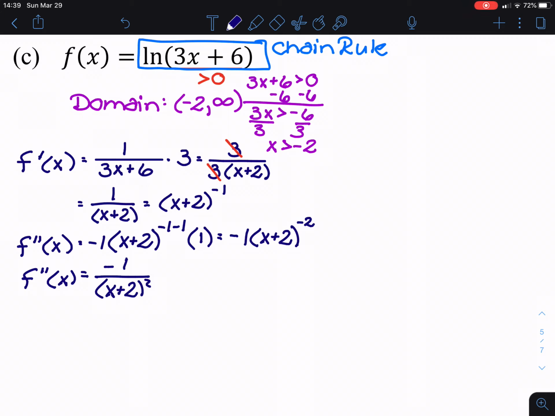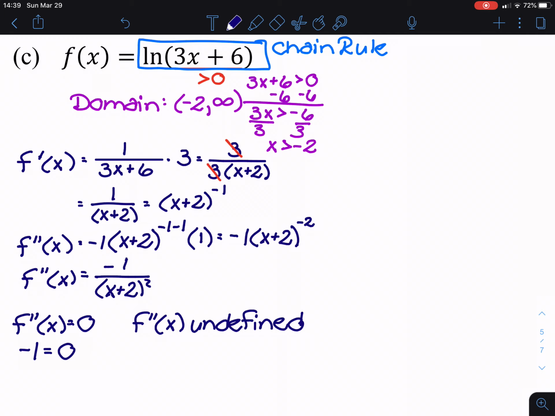Now again, I want to find my critical values or my partition numbers. So this is going to be where the second derivative is equal to 0, or the second derivative is undefined. All right, so remember, for our second derivative here to be equal to 0, that means that the numerator has to be equal to 0.